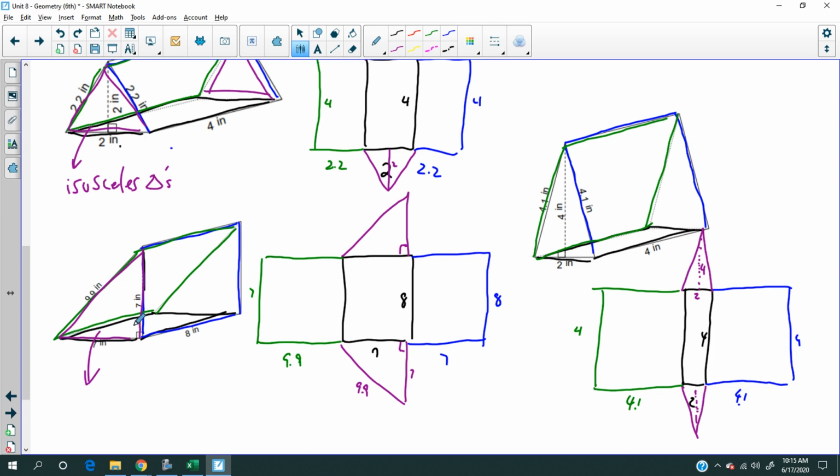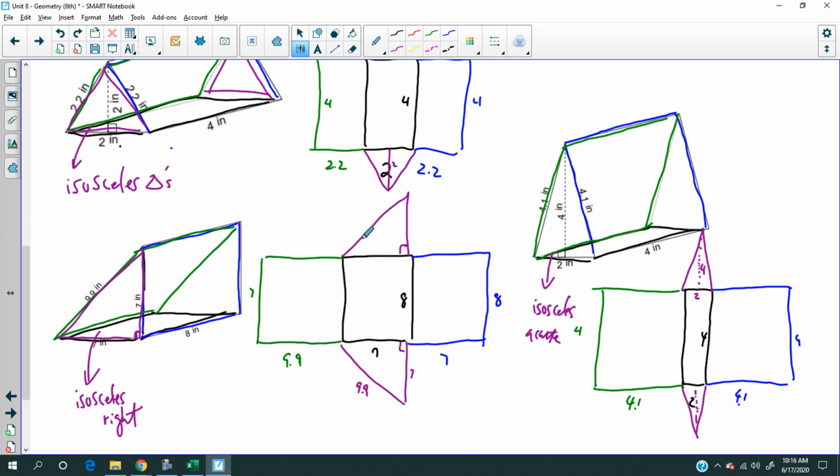Yeah, this is an isosceles, right? 2 sides only. You see that little box here? Isosceles right triangle. And what about this one? 4.1, 4.1, and 2. Yep, it's an isosceles triangle, actually acute isosceles.